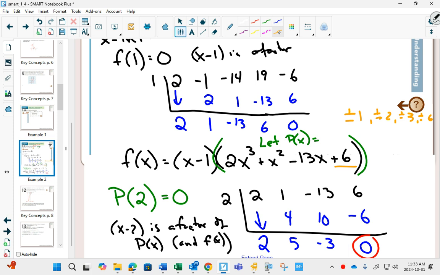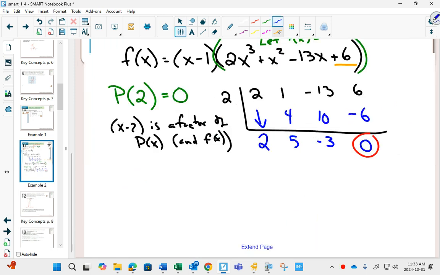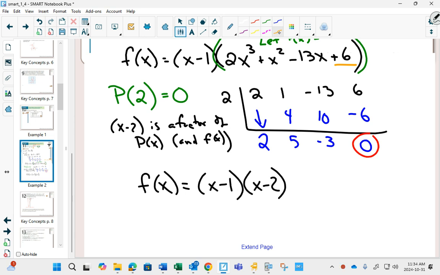Does that make sense? So now when I write my division statement, I'm going to use f of x again. And I still have x minus 1 from before, but now I figured out that x minus 2 is also a factor, and I'm left with 2x squared plus 5x minus 3.